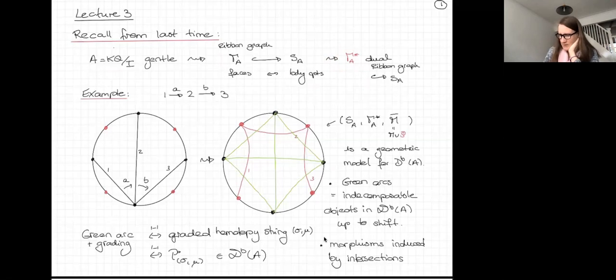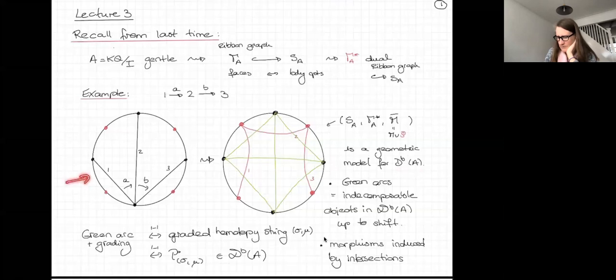And then we saw that the surface, the dual ribbon graph, and the vertices of this graph and the punctures in here, or the vertices in the interior in there, give us a geometric model of the bounded derived category of a gentle algebra. And here is that model.